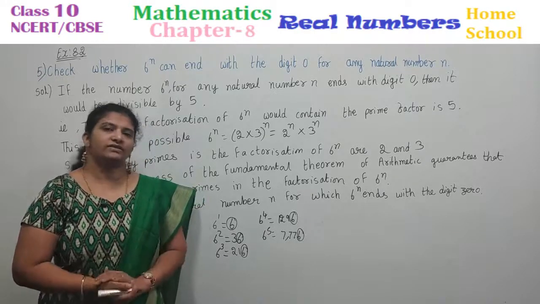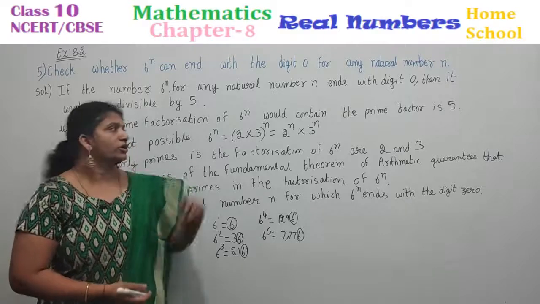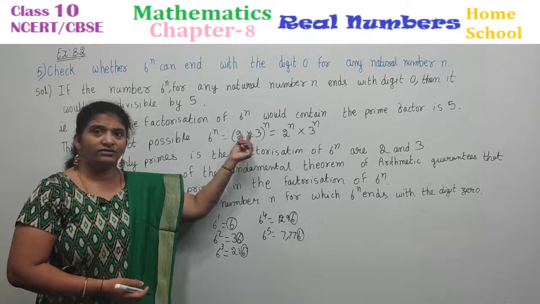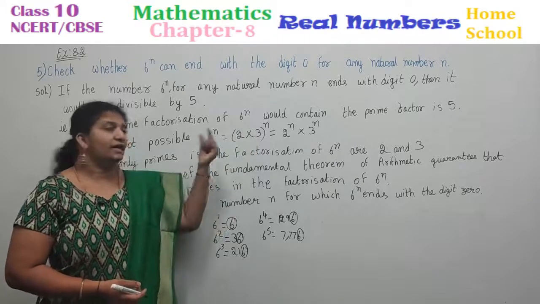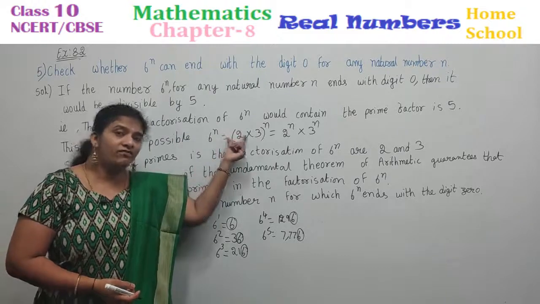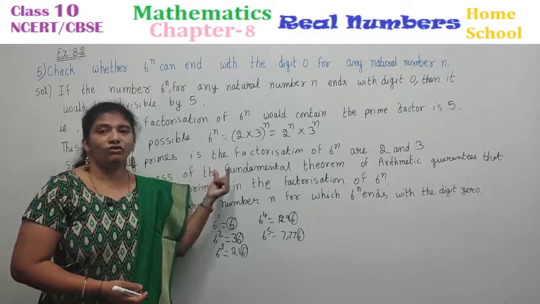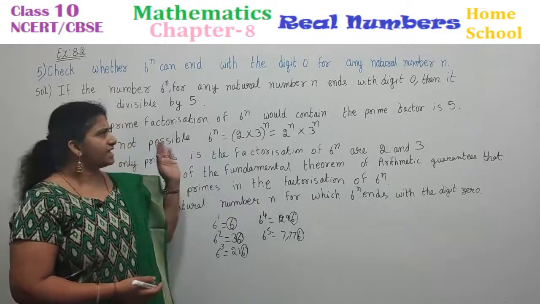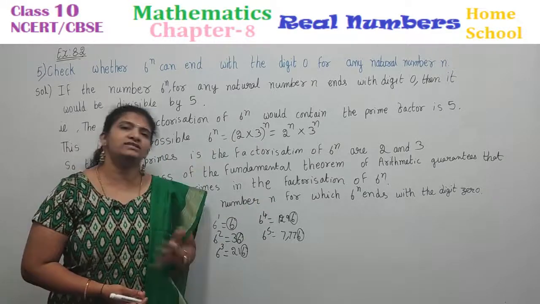How to check, children, whether it is ending with 0 or not? You should see the prime factors. If you have 5, then I can say it is divisible by 5 and has a factor 5. Therefore, it can end with 0. Right? The same type of question they may change and ask.